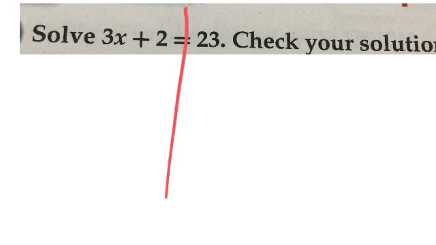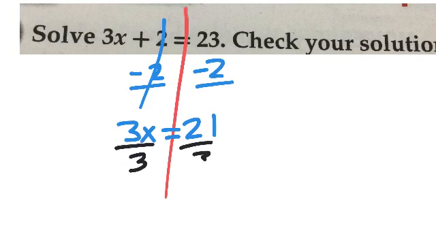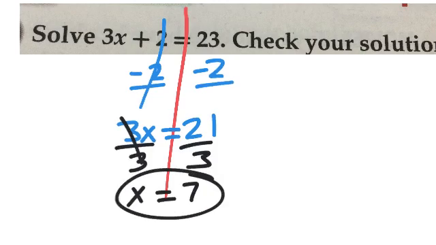Which one of those do I want to get rid of first? Get rid of the adding 2 by subtracting 2 on both sides. So that's going to tell me 3x equals 23 minus 2 is 21. Now the x is not by itself because it's being multiplied by 3. So I'm going to divide by 3 on both sides, which tells me x equals 7.